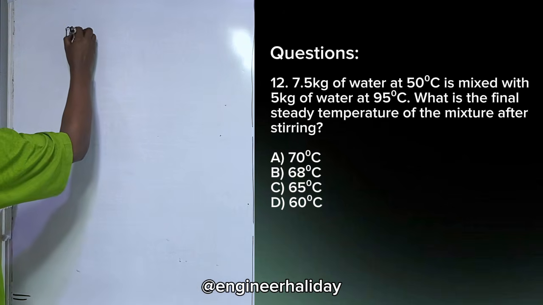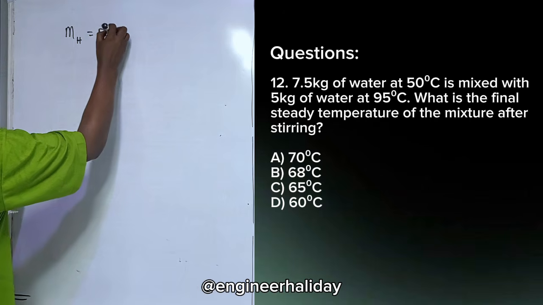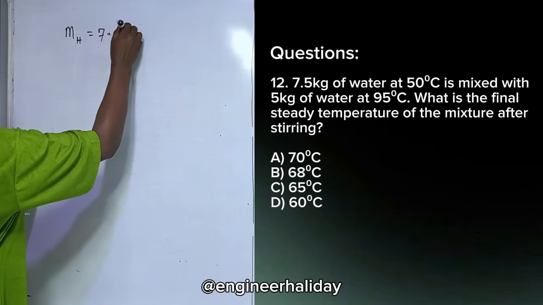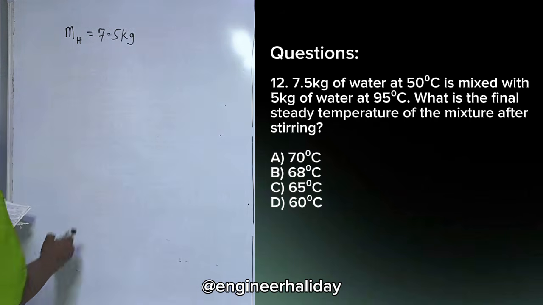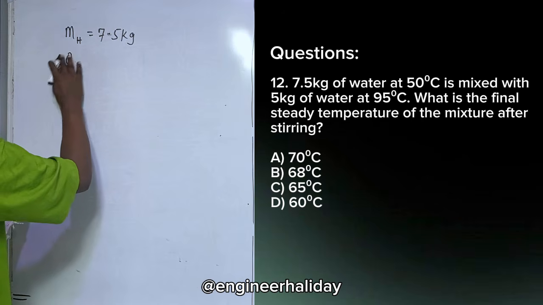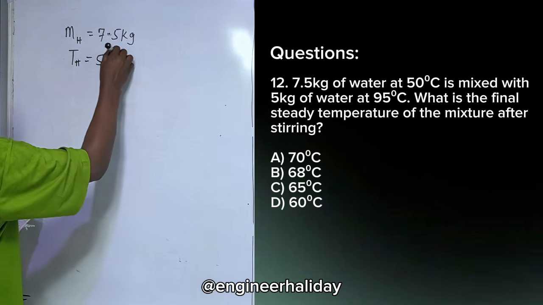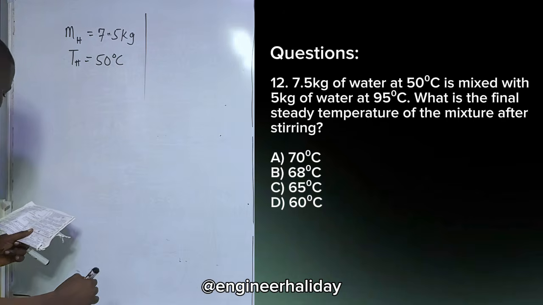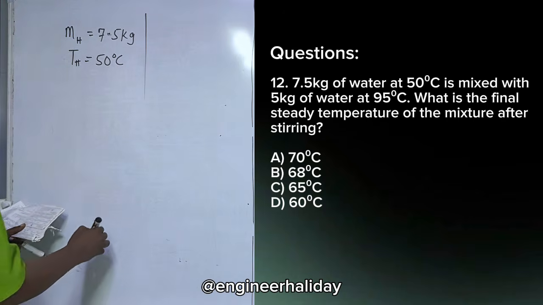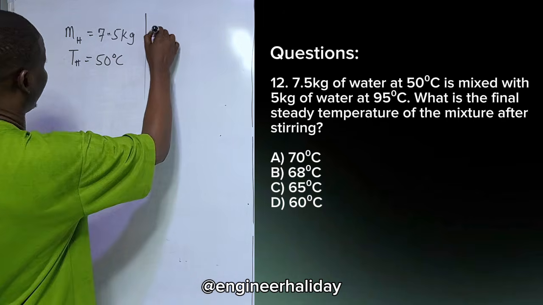That means the mass of hot water is 7.5 kilogram, and the temperature of the hot water is 50 degrees Celsius. It's mixed with 5 kilogram of water.